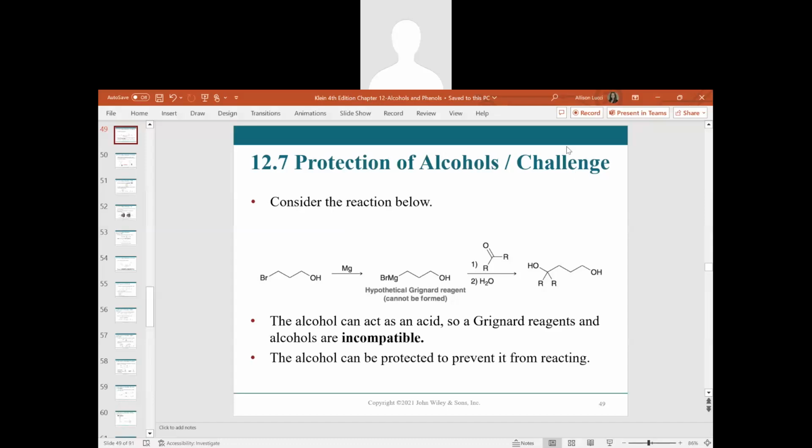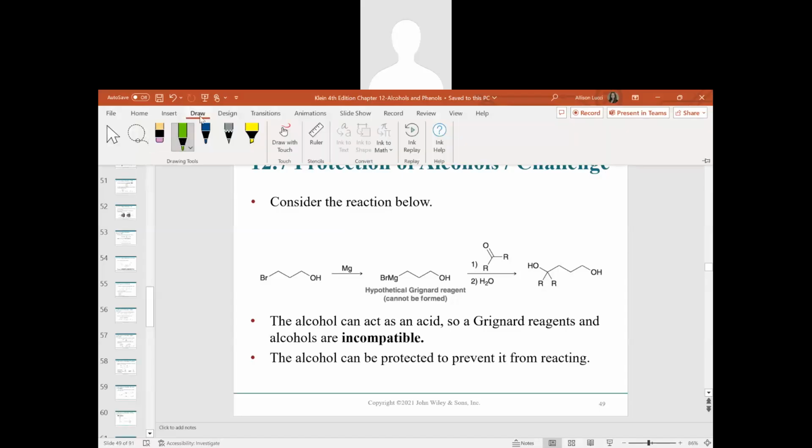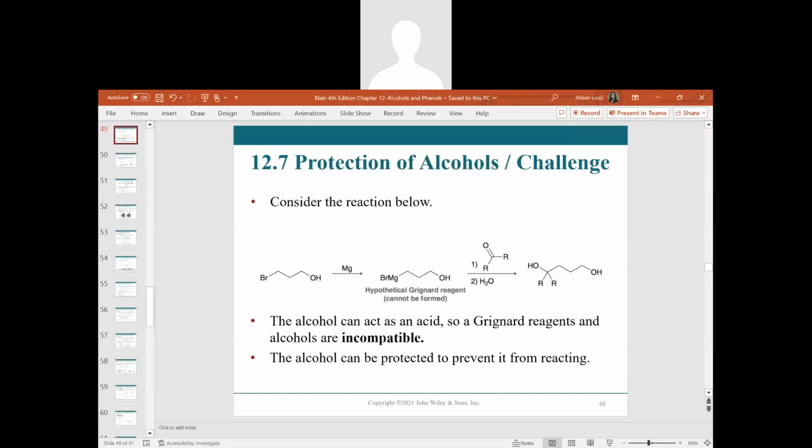In section 12.7, it begins by asking us to consider the reactions shown here below. So we have this species here that we're considering turning into a Grignard reagent.